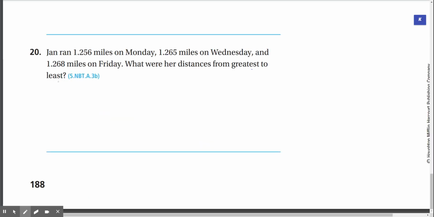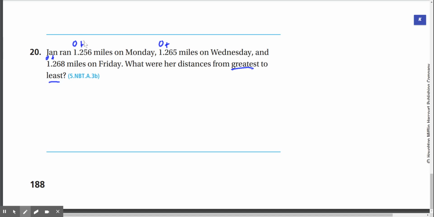Number 20. Jan ran 1.256 miles on Monday, 1.265 miles on Wednesday, and 1.268 miles on Friday. What were her distances from greatest to least? Well, we look at Monday. Monday has a 1 in the ones place, and Wednesday and Friday do as well. And all three have a 2 in the tenths place.